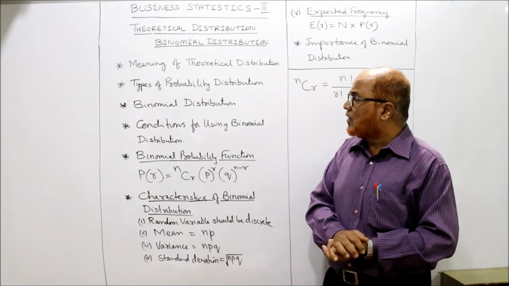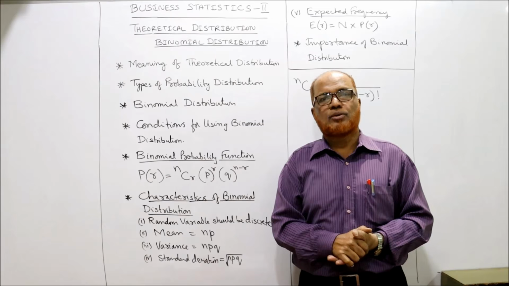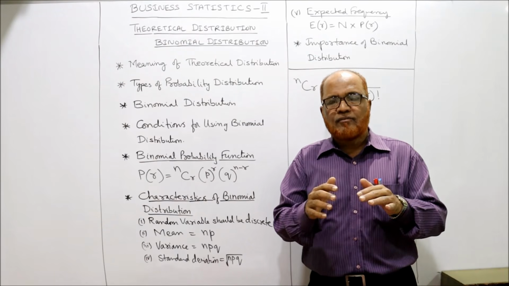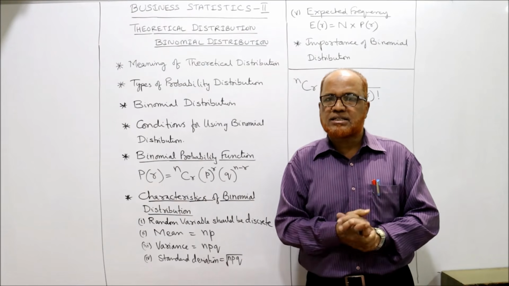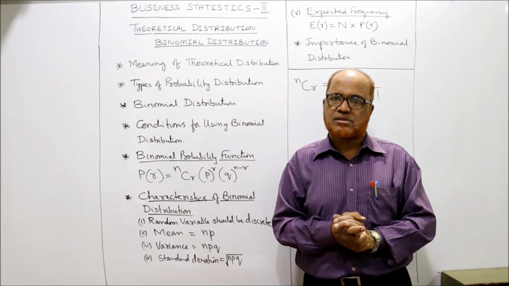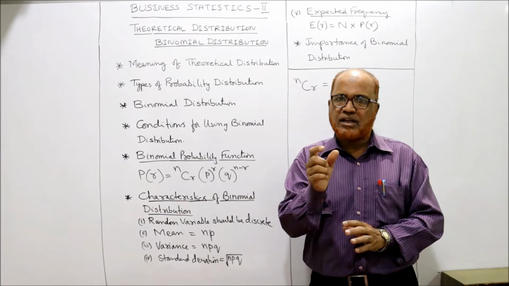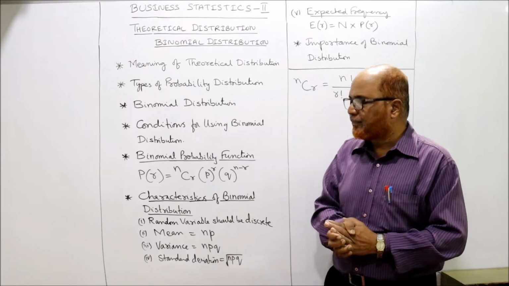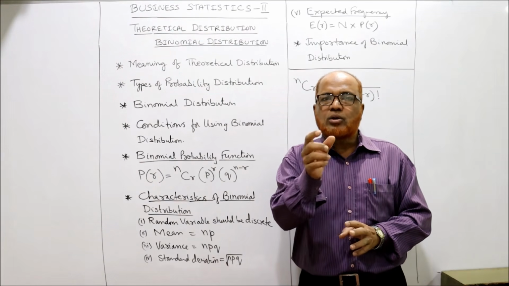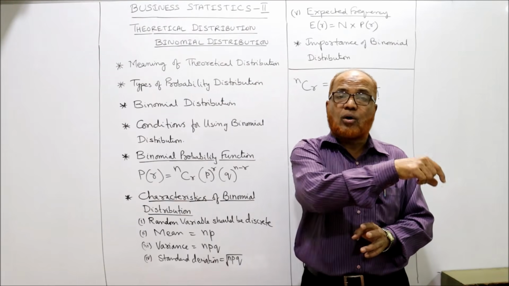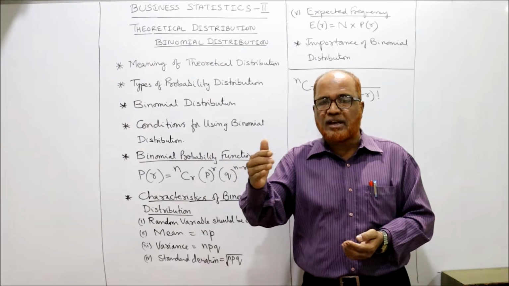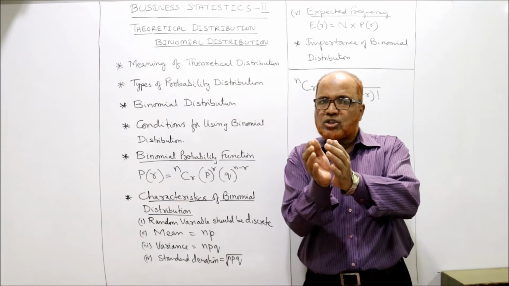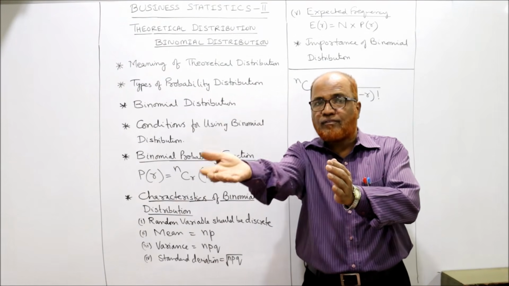Now, conditions for using binomial probability distribution. When we can use the binomial probability distribution, the experiment is conducted a fixed number of times, where the outcome of one will not affect the outcome of the other experiment. If the experiment is repeated one after the other, the effect of one will not affect the other.